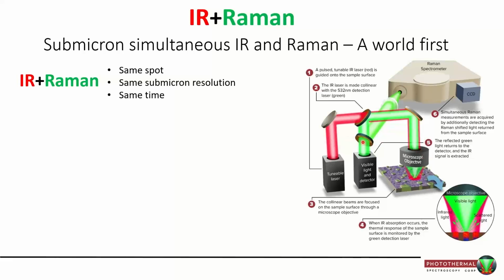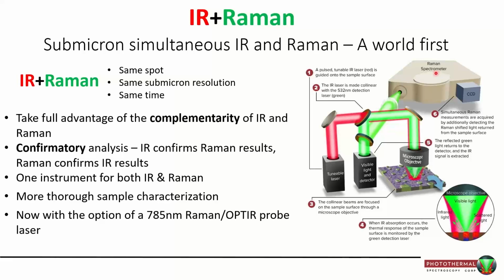We use a dichroic optic here to filter out, or separate out, only the Raman shifted photons and send those over to a Raman spectrometer for Raman signal generation. Right? So, very efficiently and effectively, dare I say elegantly, we separate out only the Raman and send it off, and all the other light is used to generate and extract out the infrared signal. Thus we end up with that true complementarity, because the infrared and the Raman come from the same spot at the same time with the same resolution.